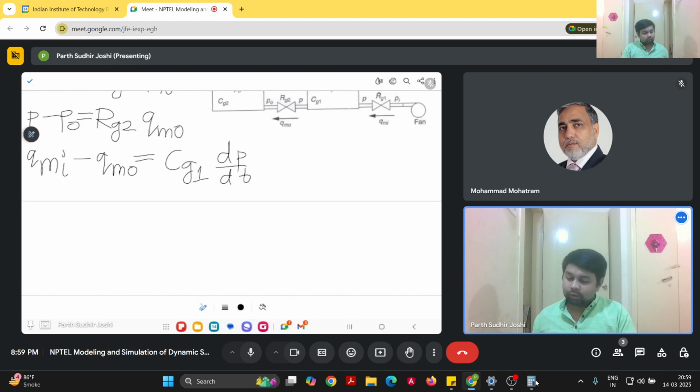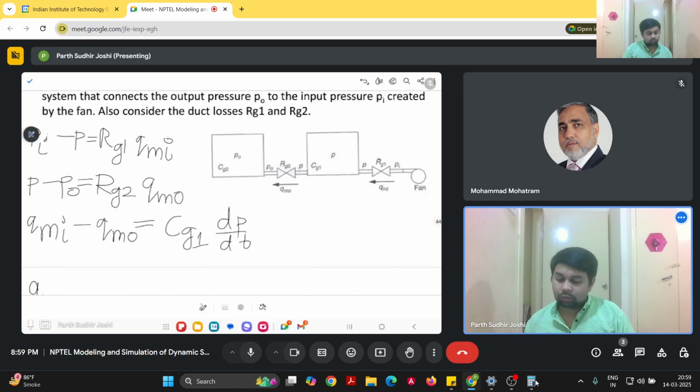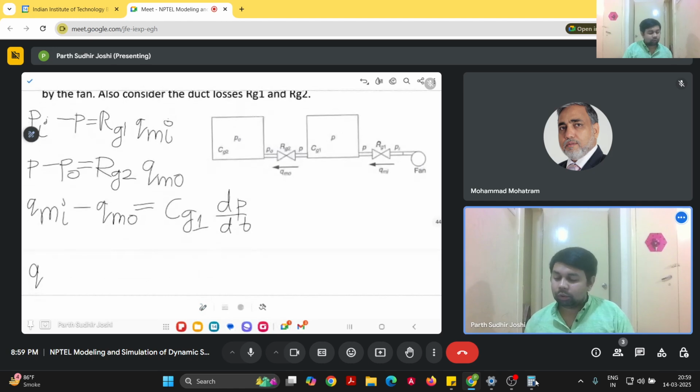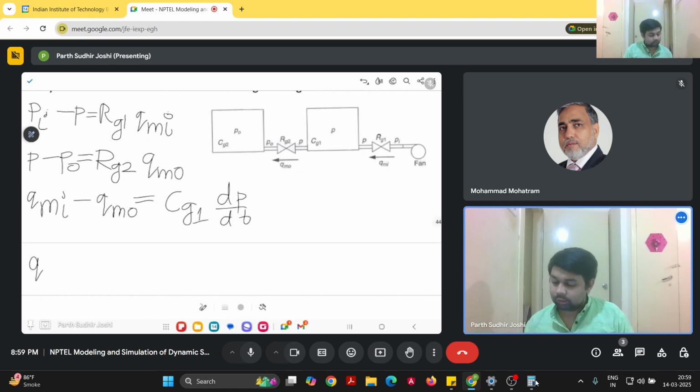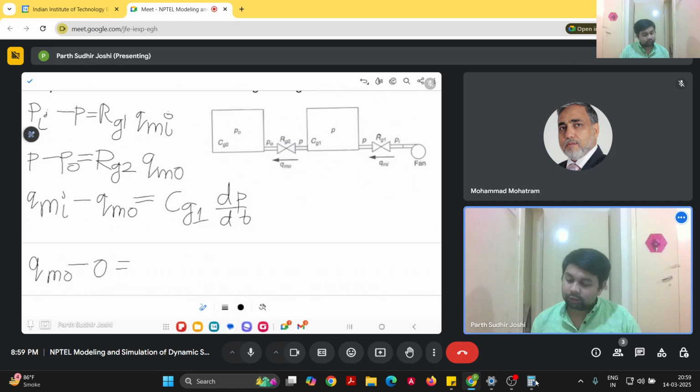Then similarly we can write down the expression for the other container CG2. Here only QMO is entering the container, so it will be QMO minus 0, as there is no mass flow leaving the container. It is CG2 into dPO by dt.